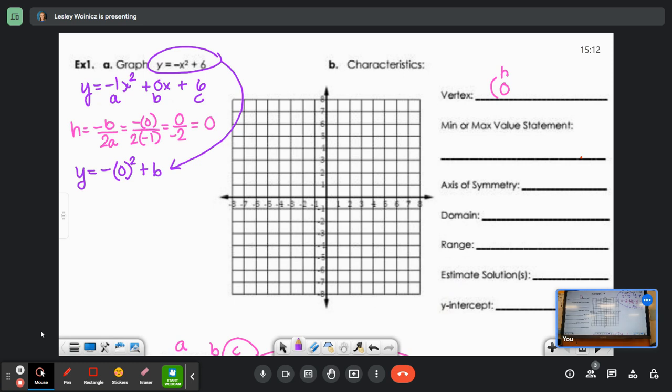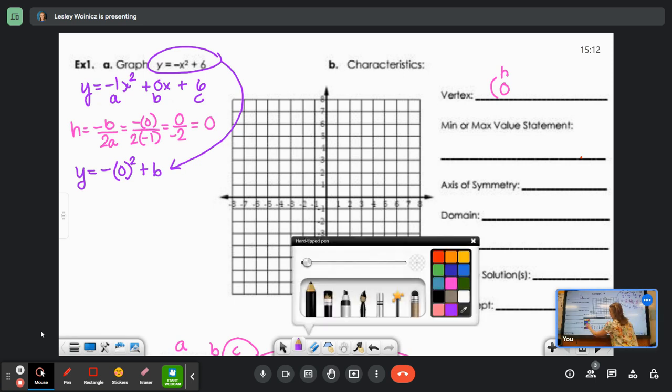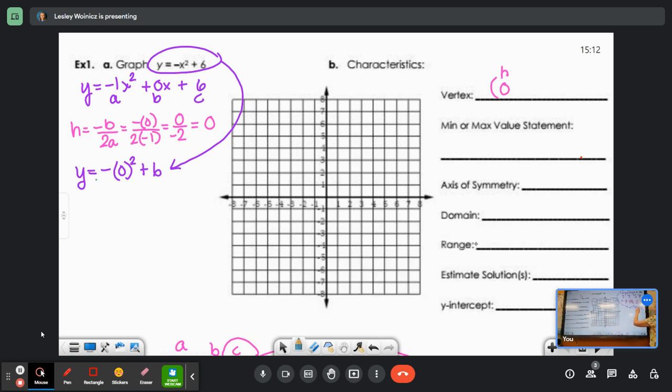What's 0 squared? What's the opposite of 0? 0. So doesn't this whole thing just go away? Practically, yeah. So what's our k? 6. That is our k.